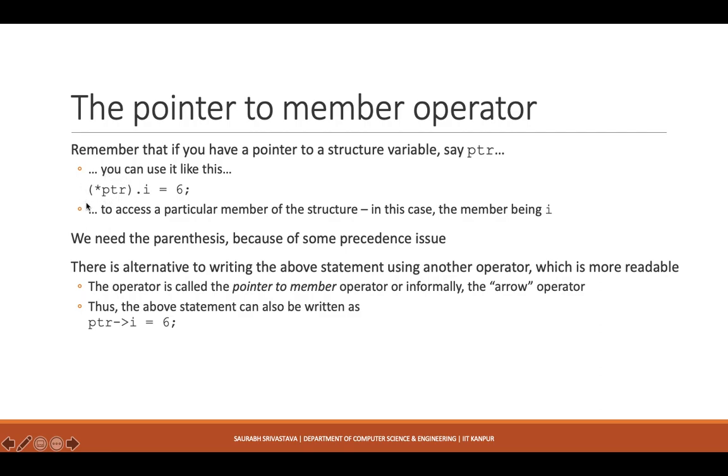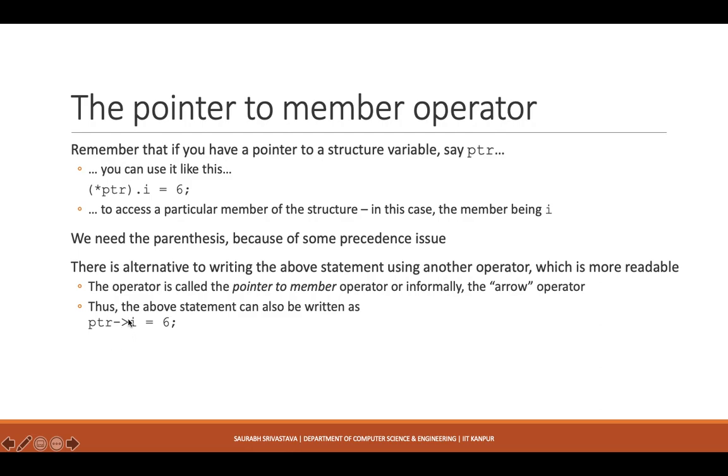There is actually another operator that is available to you, called the pointer to member operator, or informally we also call it the arrow operator. What this operator can do is make these kinds of expressions a little easier to read and manage. Instead of writing asterisk ptr and then dot i, I can write it like this: ptr arrow i.